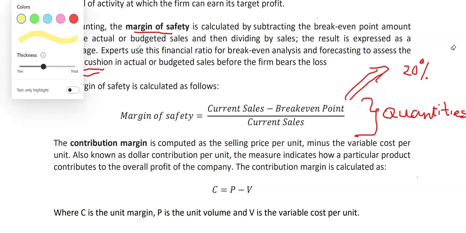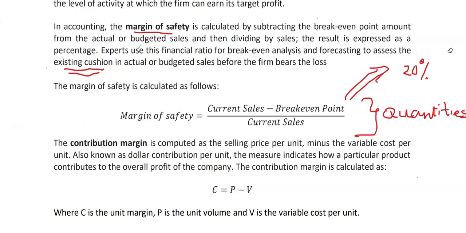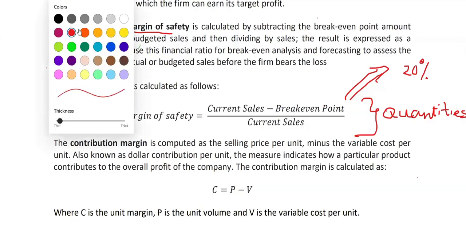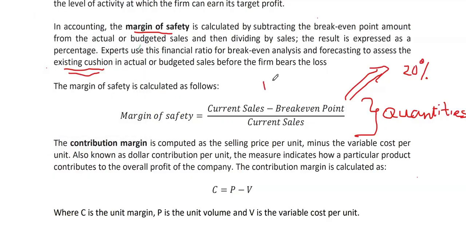Sir, can I go ahead then? Go ahead, Constantine. So, sir, is it safe to say then the margin of safety is really the break-even point? No, it's the area above the break-even point. So, for example, let's say the break-even quantity was 10 units, but you're currently selling 20 units.